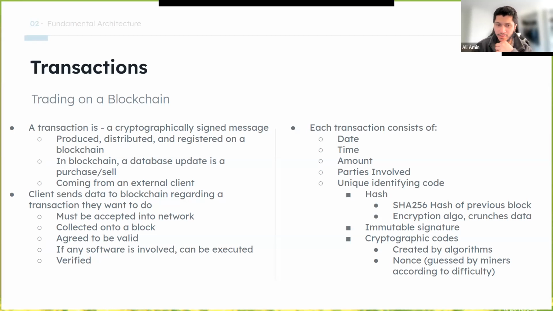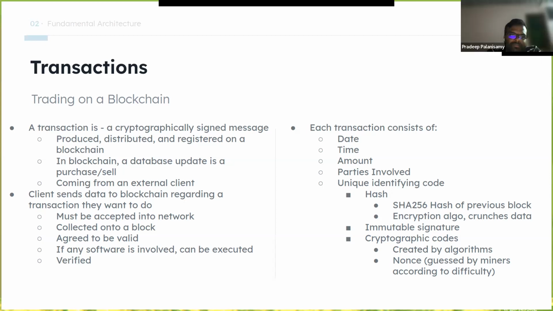So it has to be signed with some kind of cryptographic algorithm. It's produced, distributed, and then registered on a blockchain. In a blockchain, anytime you update the database, that's a purchase or a sell. Simply speaking, there are more complicated things, but for now, it's a purchase or a sell.